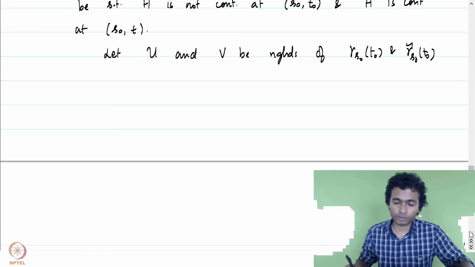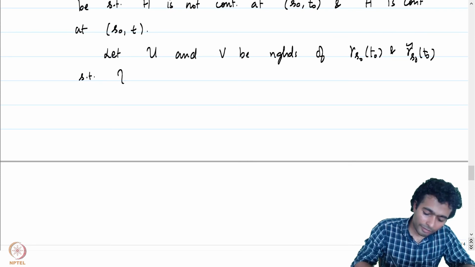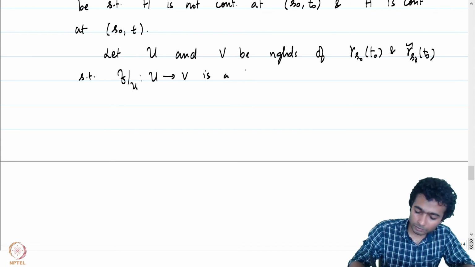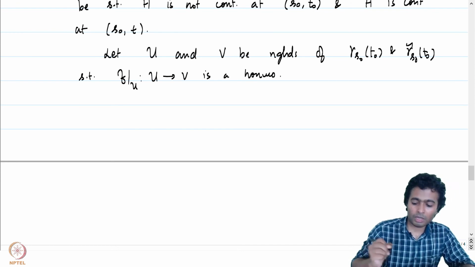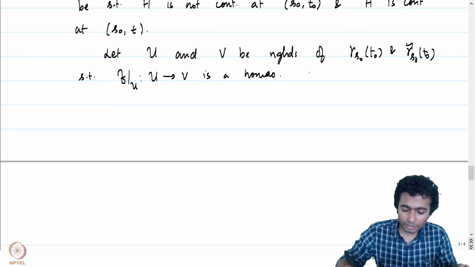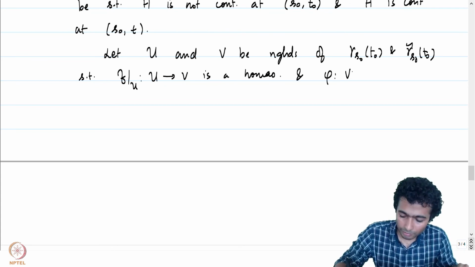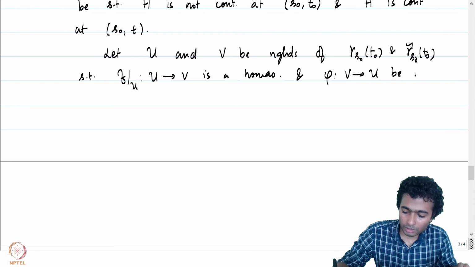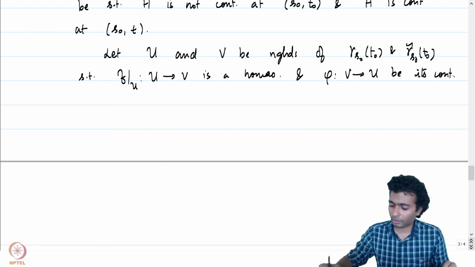Let's pick two neighborhoods such that f restricted to U, from U to V, is a homeomorphism, and let phi from V to U be its inverse, which is a continuous map, in particular a homeomorphism again.